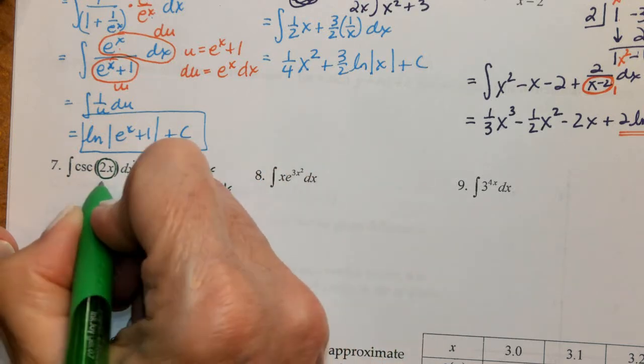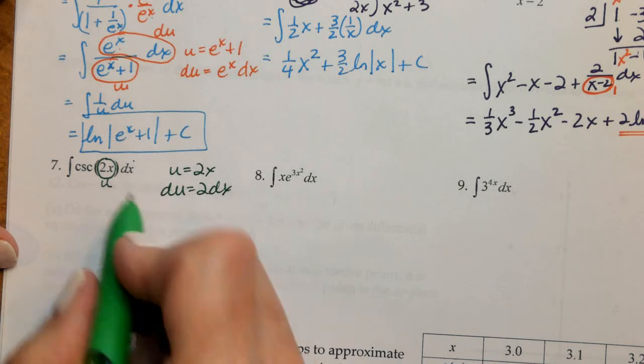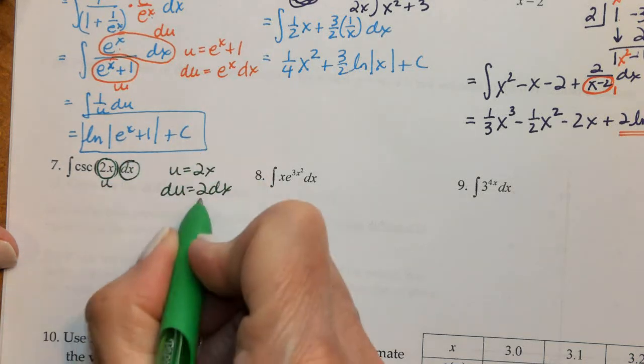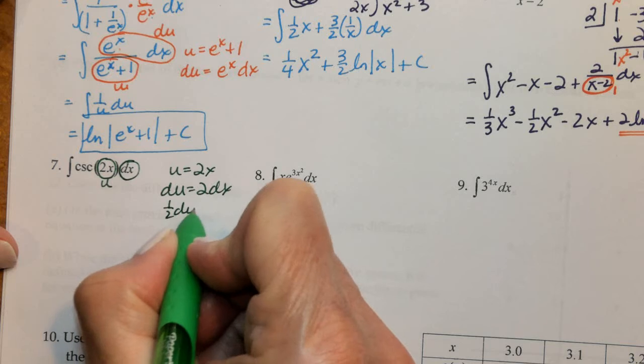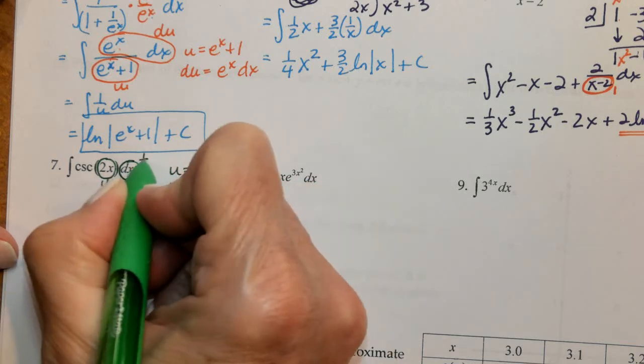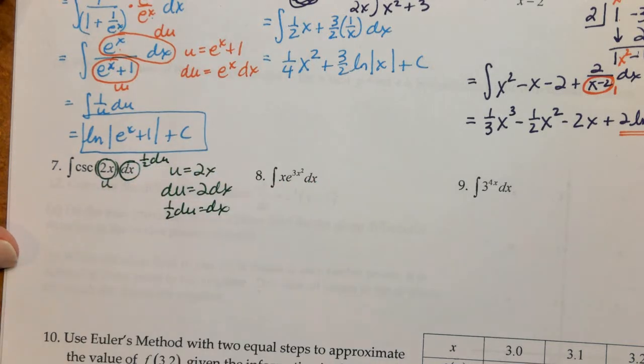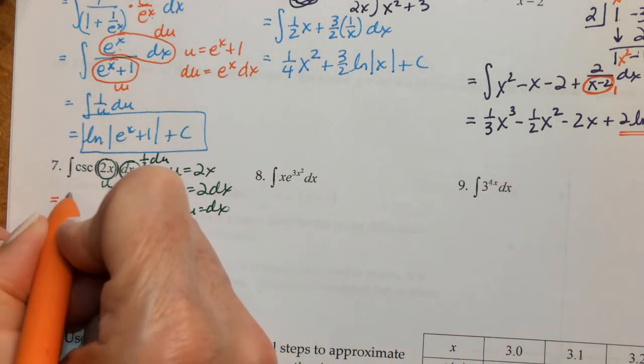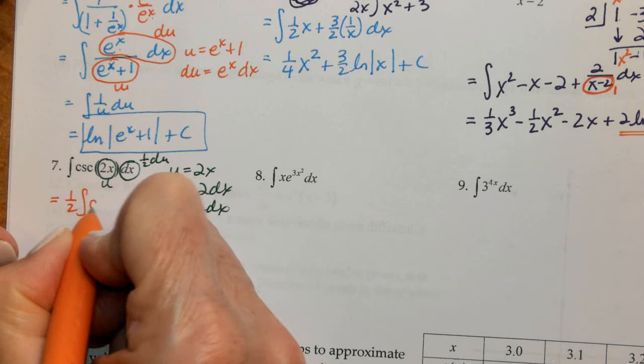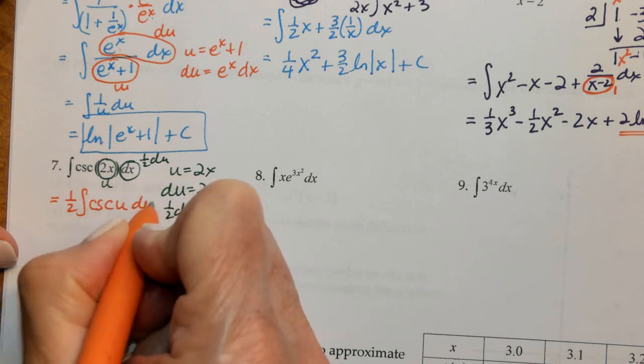So I'm letting u be the 2x. In place of the dx now, I can put 1/2 du, because 1/2 du is dx. So now my integral becomes 1/2 integral cosecant u du.